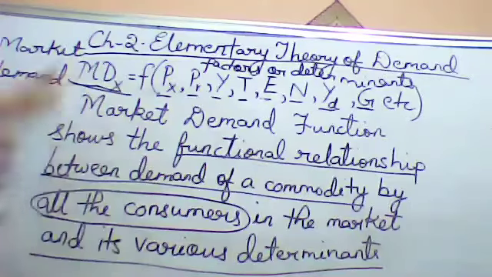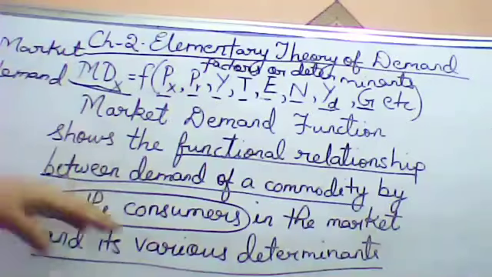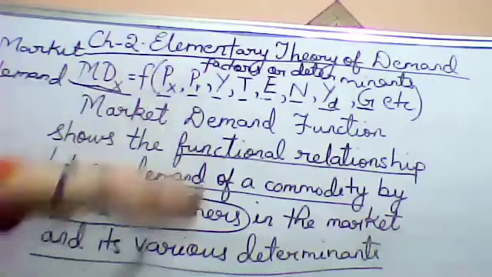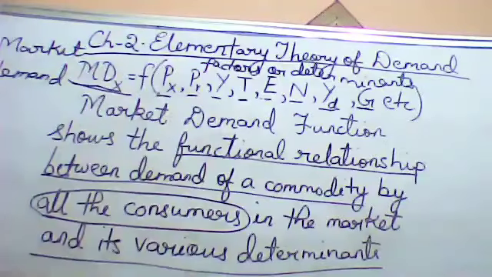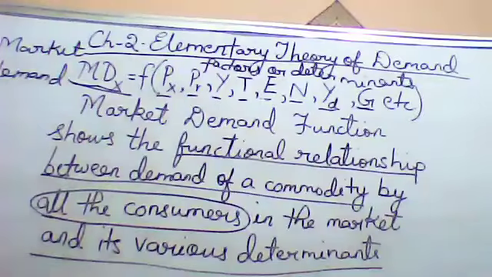So mainly you will get determinants of market demand and determinants of individual demand as 5 marks questions, because these are the only long questions which can be formed from your syllabus. So learn this properly: determinants of market demand and determinants of individual demand.